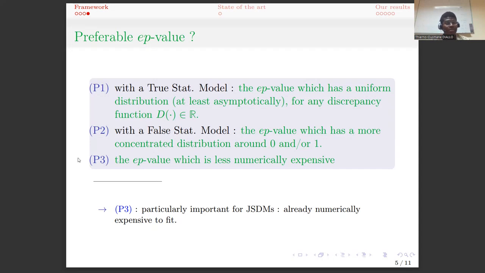And property P3: the preferable EP-value is also the EP-value which is less numerically expensive. P3 is particularly important for JSDMs, which are already numerically expensive to fit.